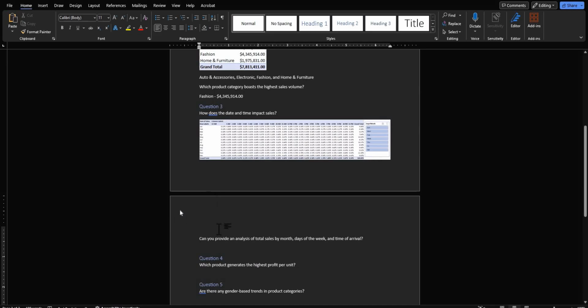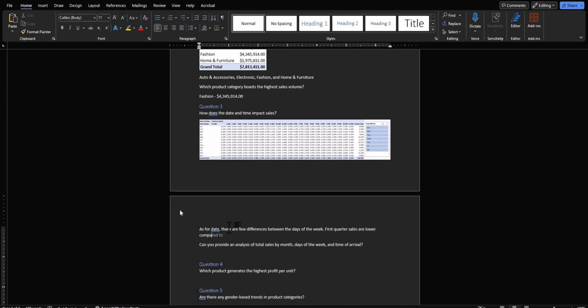So I'm going to say, as for date, there are few differences between the days of the week, while first quarter sales are lower compared to the other quarters.